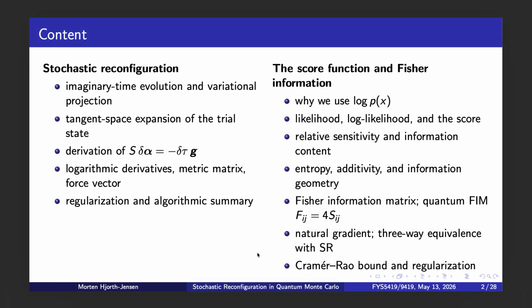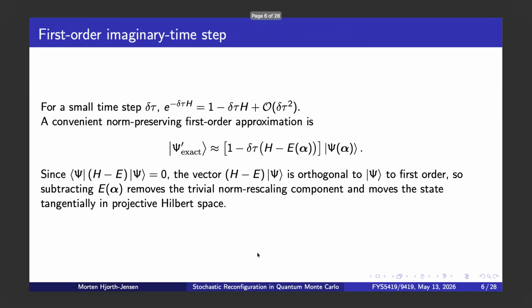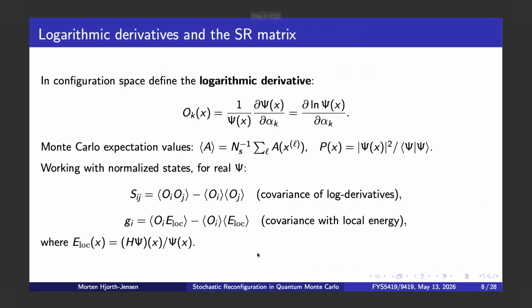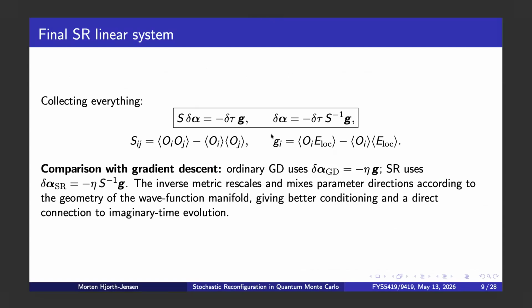So the first part here is actually what we did last week. And actually in these slides, I used alpha instead of theta. I'm sorry, I'd forgotten that I'd been using alpha, and I mix notations sometimes here. So this is the way you would update the parameters with the stochastic reconfiguration.